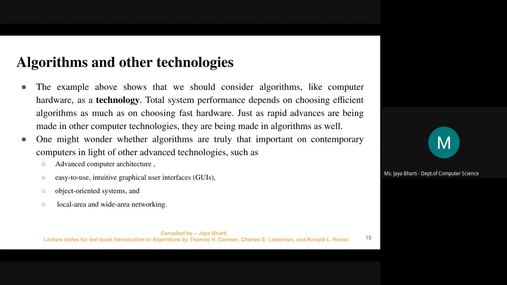Your computer should be in proper working condition, then only your algorithm will take less time. So whenever you are talking about algorithms, you should consider algorithms as a technology. The total system performance depends on choosing an efficient algorithm as much as choosing fast hardware.